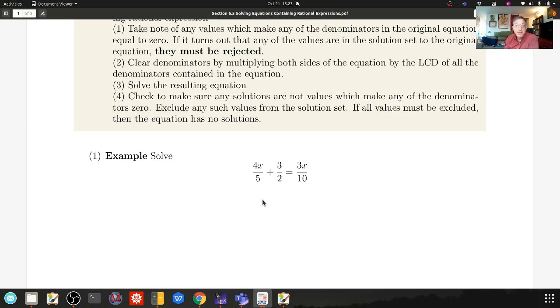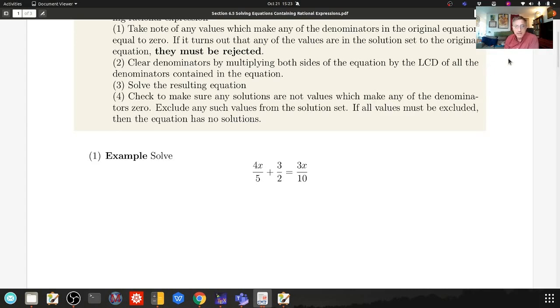Then we clear the denominators by multiplying both sides of the equation by the LCD. Well, we can do that. That's exactly what we're doing. Or we can just add them together, because that's what we've done before.